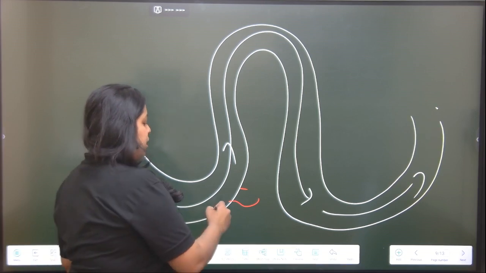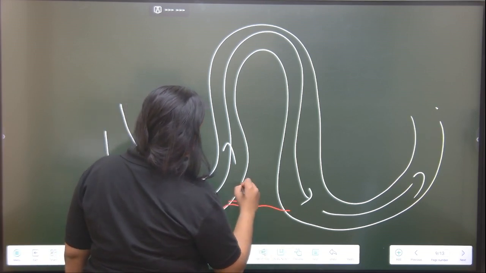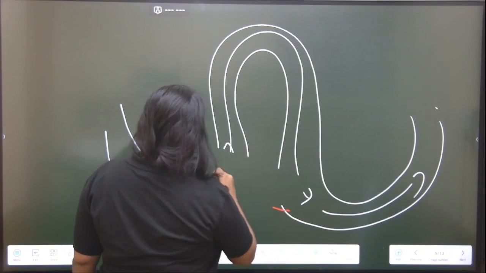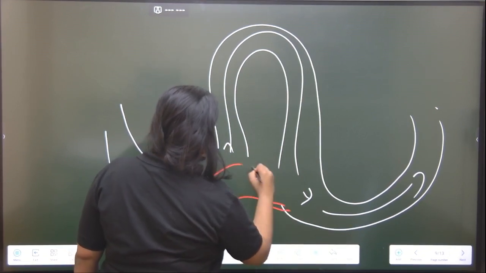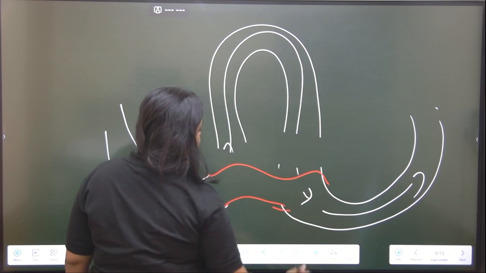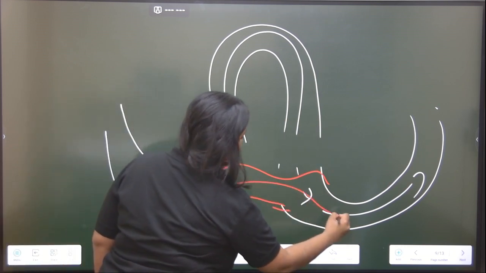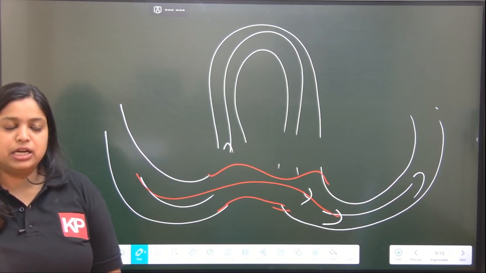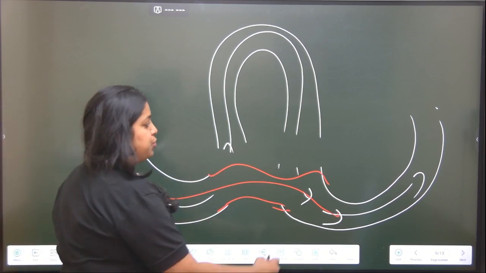So during this flooding, the channel found a new course. It found this course over here. So it attained a new course in this particular way. So now the channel will flow from here to here. This particular cutoff of channel is called a chute cutoff.